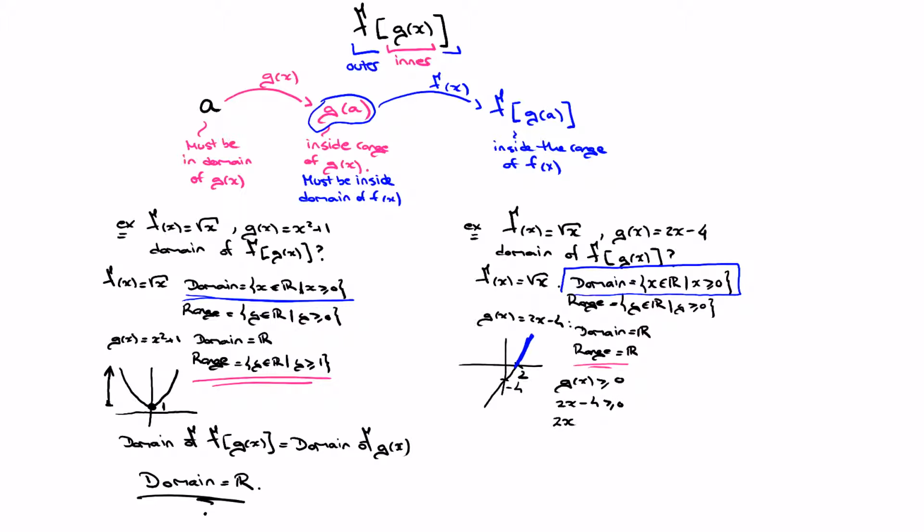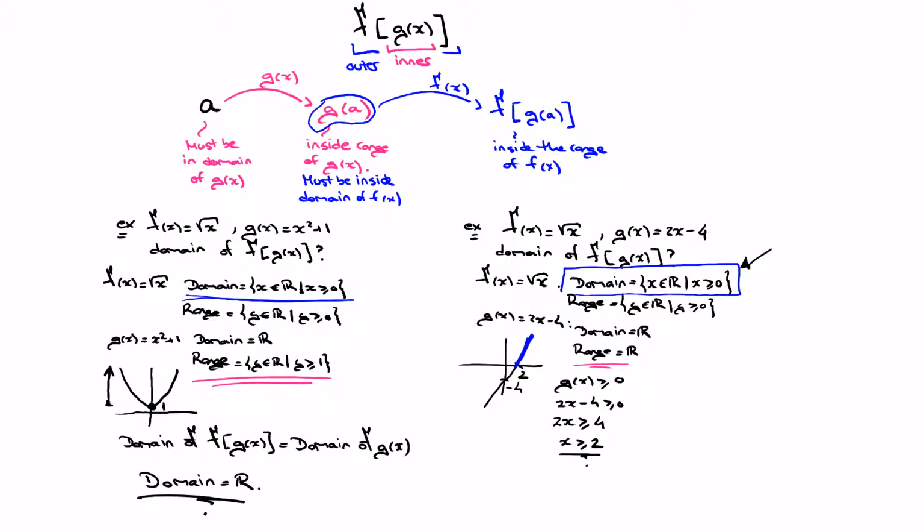That leads us to 2x greater than or equal to 4, which leads us to x greater than or equal to 2. And there you go. That's the restriction. We need to make sure that x is greater than or equal to 2. So long as we do so, we can be sure that g of x will be greater than or equal to 0, and therefore will be inside the domain of the outer function f of x.